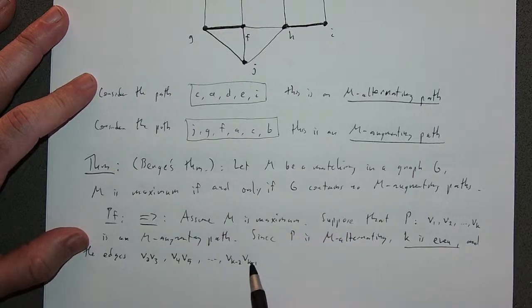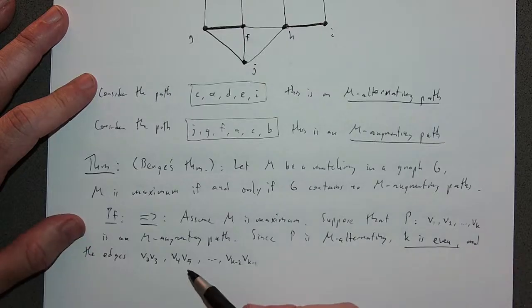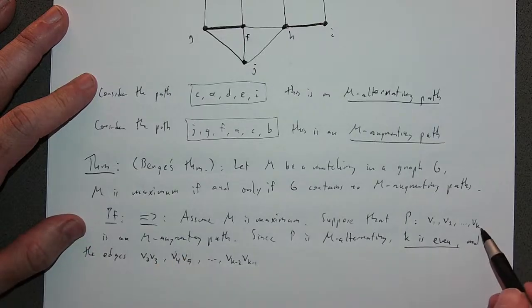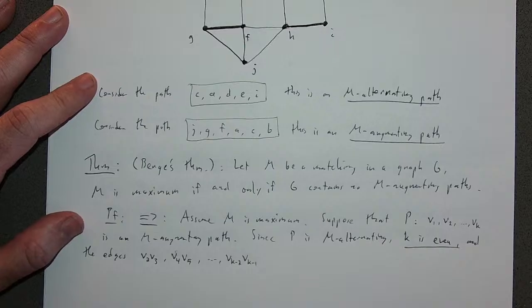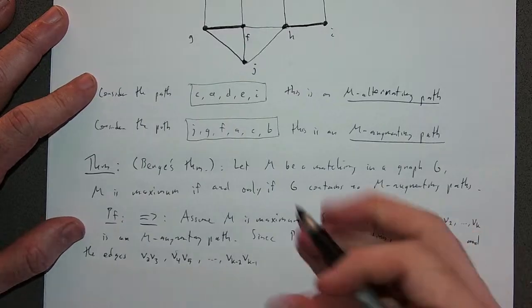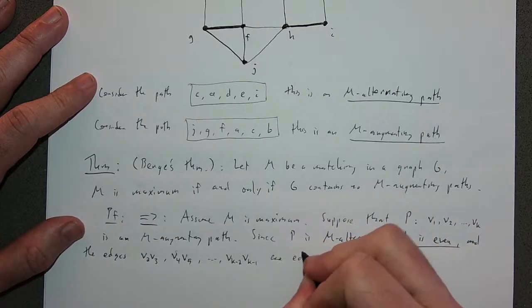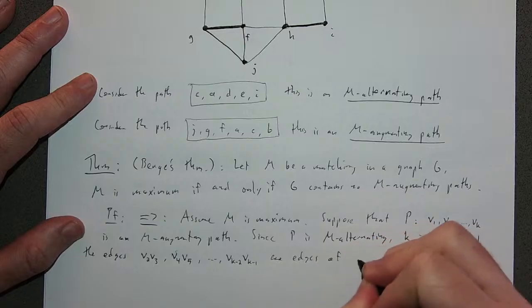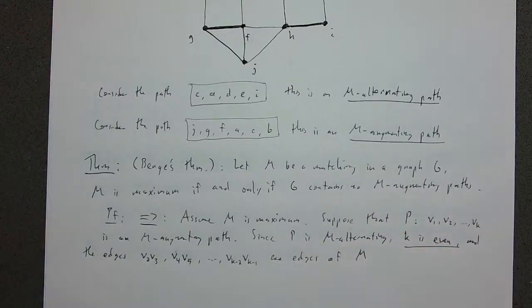That is the last edge before the final edge, V sub k minus 1 to Vk, which we know has to not be in M, because this is an M augmenting path, so Vk is M unsaturated. These edges are edges of M. Right.